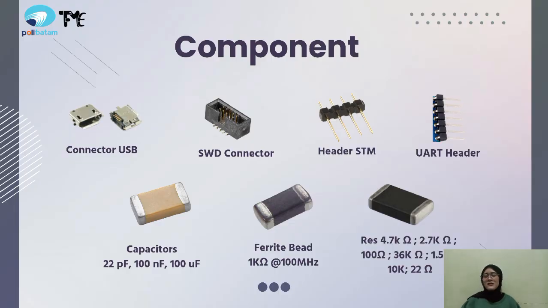Next is a varistor. It filters high frequency noise to improve signal quality. Finally, the resistors are used to limit current, divide voltage, and configure signals within the circuits. The next slide will be explained by my colleague.